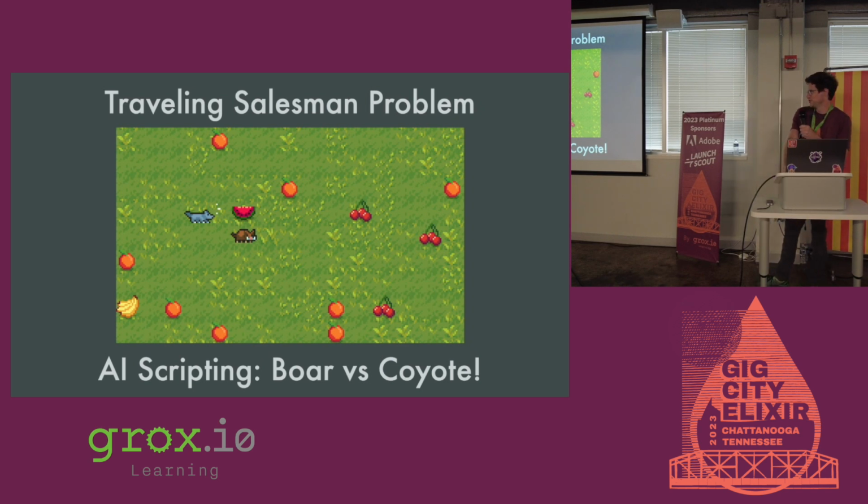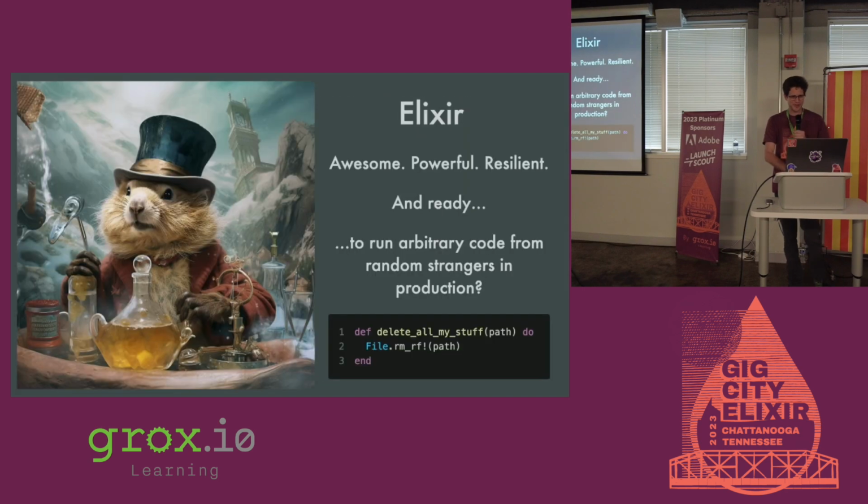In this one, we'll have two little animals, a boar and a coyote, and we'll create the brains for each of them and let them fight it out. Which goes back to another thing. I have a tendency to put little furry animals and references to them in my code, which drives some people absolutely mad, and will be throughout this presentation.